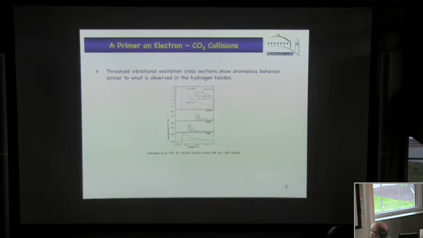The third part of this review, this primer, has to do with threshold vibrational excitation of those same Fermi dyads, or even higher levels of excitation, the triads, polyads, whatnot. Those vibrational excitation cross sections show anomalous behavior. There are cusps at the thresholds for these various vibrational resonances at very low energy, and they also show this structure.